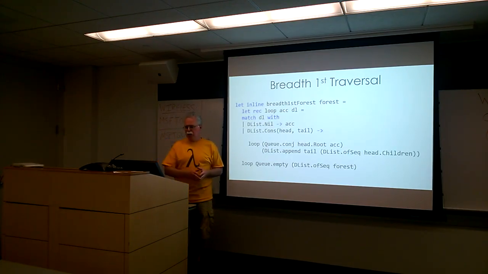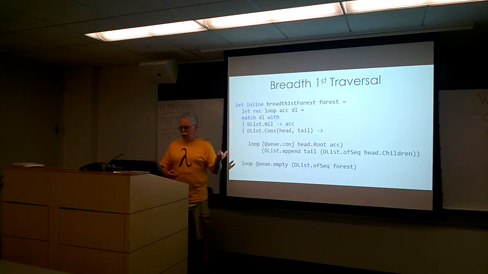So we've got a loop with a match of that DList structure in there. And so what we do is we decompose it into head and tail, which we talked about. The head then gets enqueued into our resulting queue, so we know that everything's going to be in the right order.